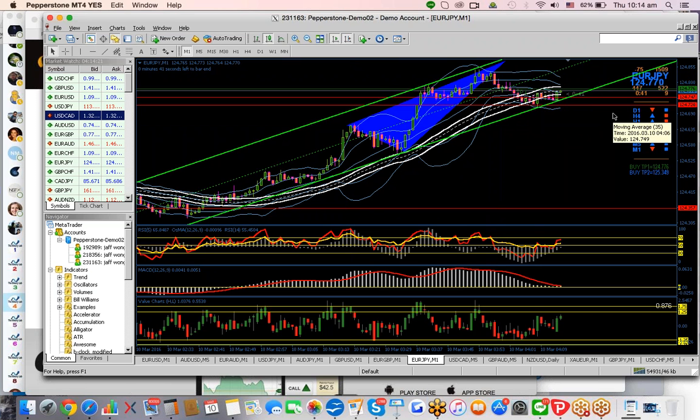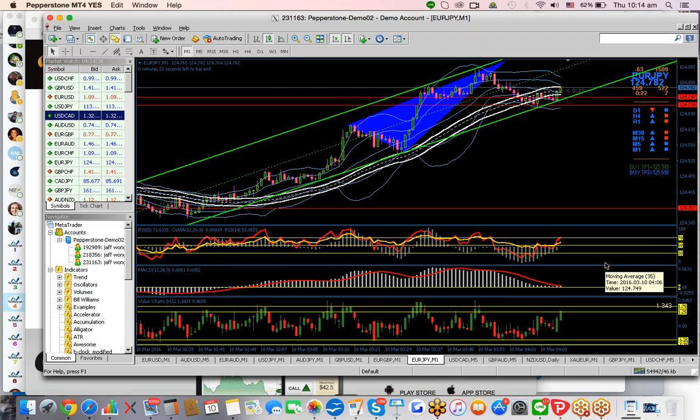Not all reversal setups actually do become reversals. Some become simply retracements.